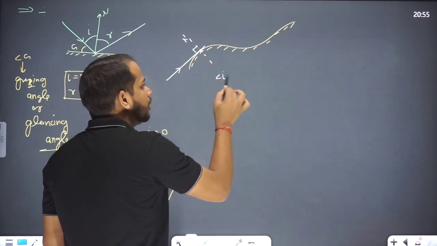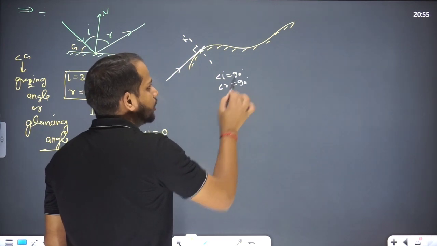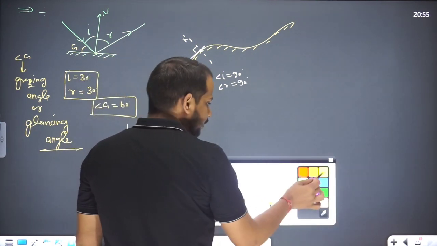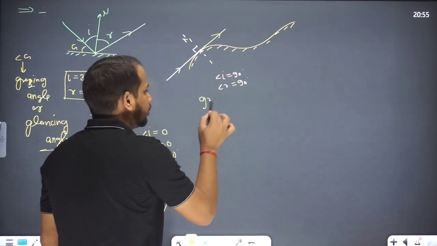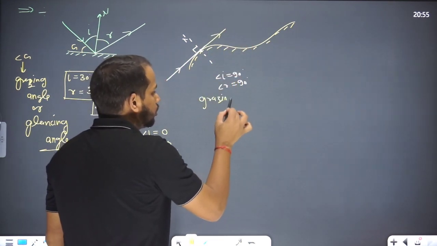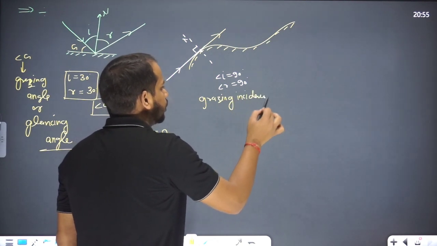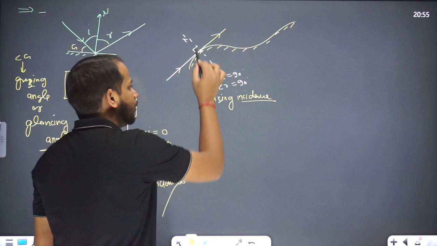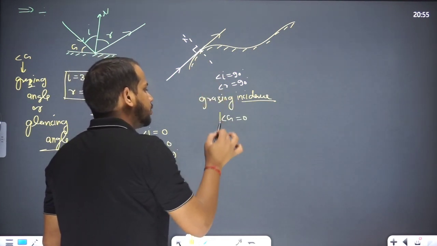If angle I is 90 degrees, then what is the angle R here? That will also be 90, right? If this is 90 over here, then this is called grazing incidence, right? And what is the angle here? 90 and 90. And in this one, the grazing angle is 0.